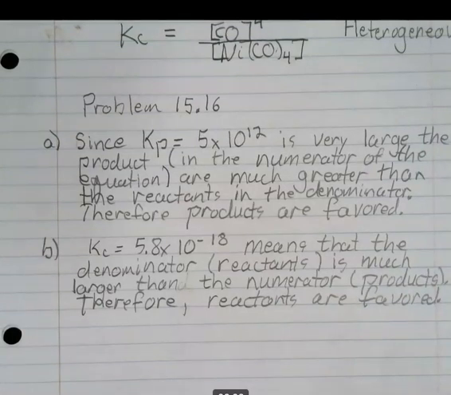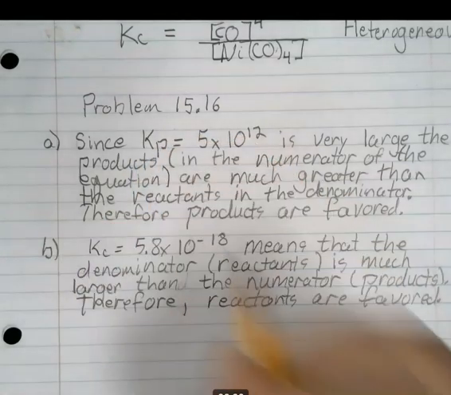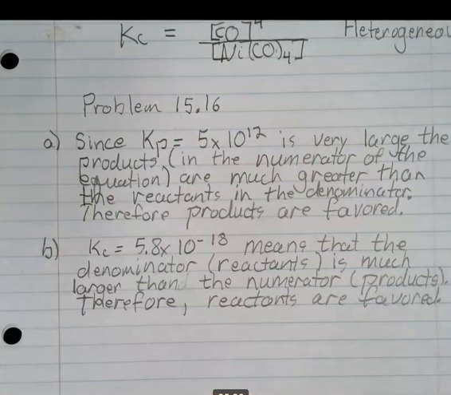The products in the numerator of the equation are much greater than the reactants in the denominator. Therefore, products are favored. For B, Kc is 5.8 times 10 to the negative 18th, which means that the denominator reactants are much larger than the numerator products. Therefore, the reactants are favored.